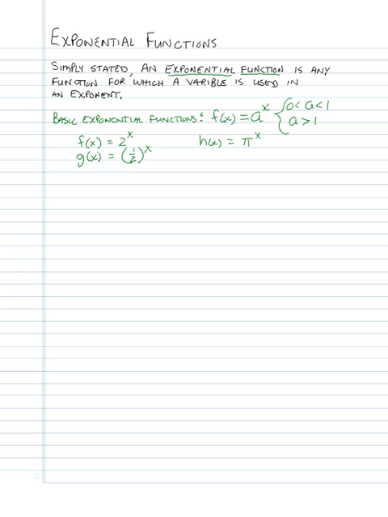So we don't use negative a's, we don't use a as a 0, we don't use a 1. 1 to the x power is always 1, 0 to the x power is always 0. Well, in fact, they wouldn't even define. 0 to the negative 1 power would be 1 over 0, wouldn't it? So sometimes that's not defined. Anyway, that's the idea.